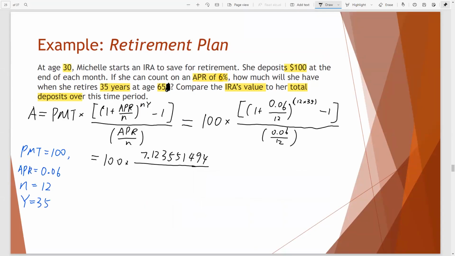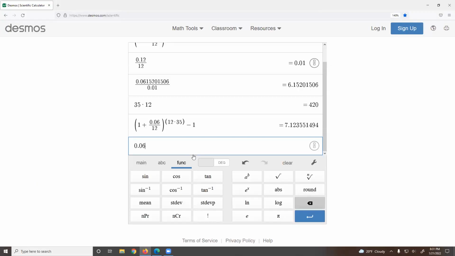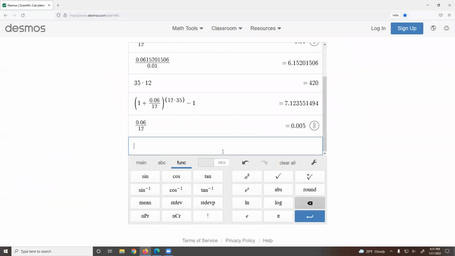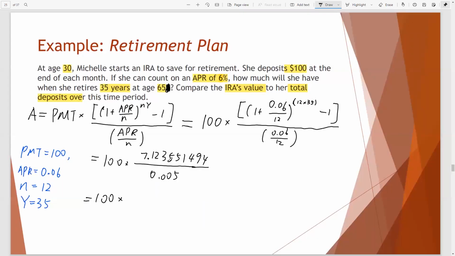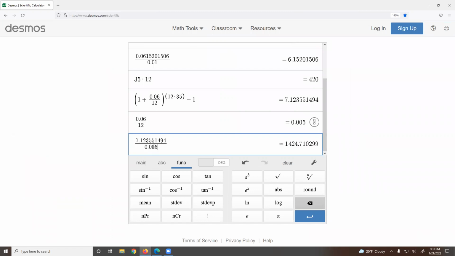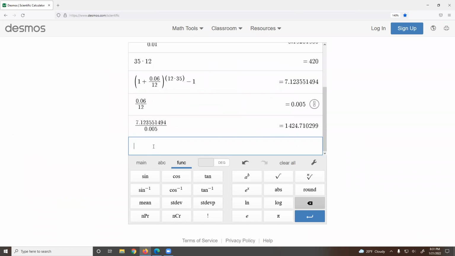And the denominator is 0.06 divided by 12, which is 0.005. That's the $100 payment, and the quotient 7.123551494 is the value we have, divided by 0.005. Wow, that's 1,424.